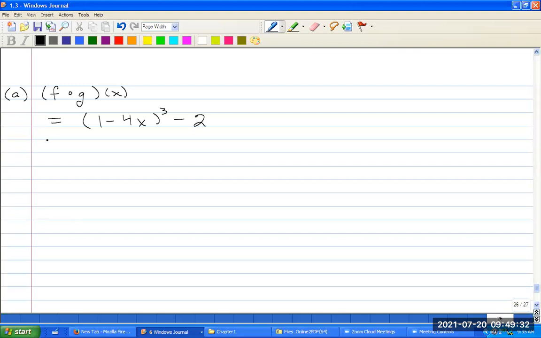They're also asking, what's the domain? Well, in general, you don't simplify to find domains. Because when you simplify, many operations in simplification involve changing the domain.